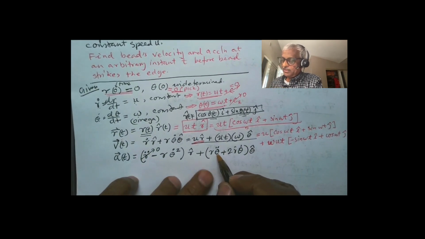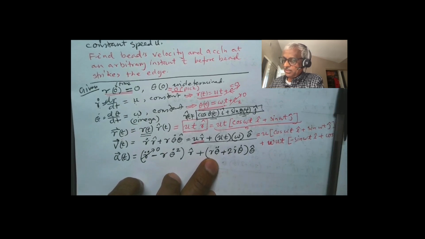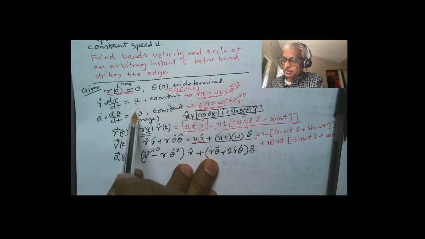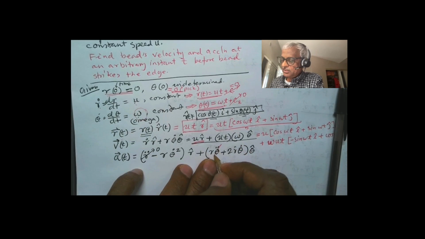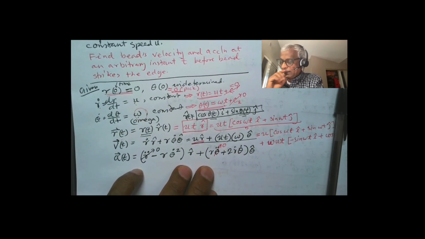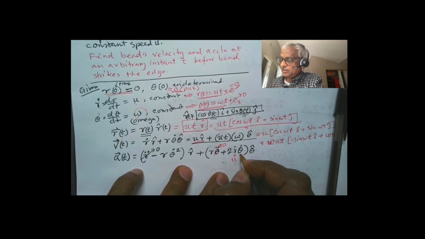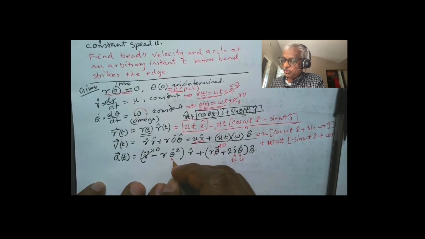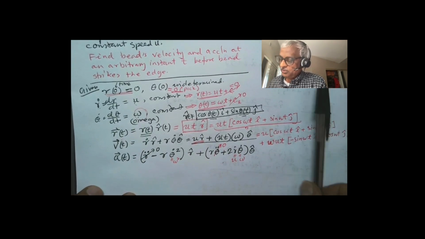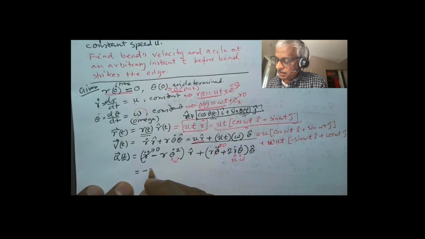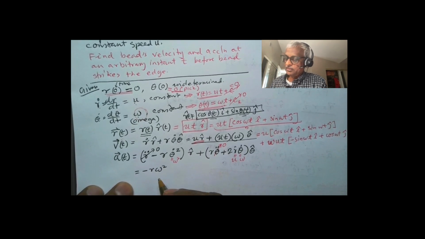Now theta double dot is constant for this problem, so this goes to 0, and this is u, and this is omega, and this is omega square. So we can write it as minus r omega square.